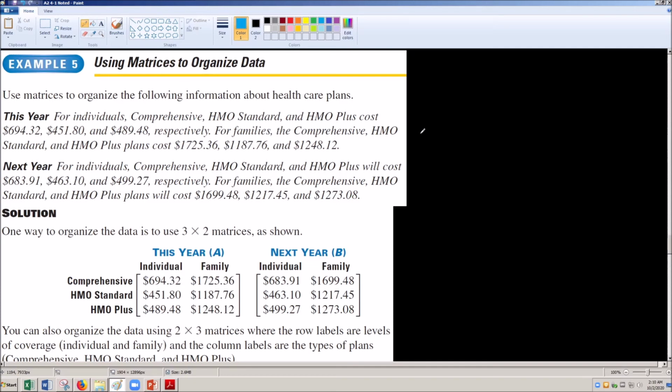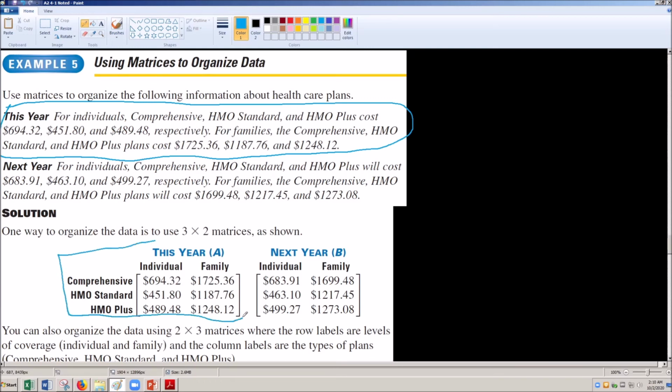One of the other awesome ways we can use matrices is in organizing data. So if I gave us this word vomit in paragraph form, we are likely to glaze over it and just zone out for a minute. That whole paragraph is actually just this matrix right here.